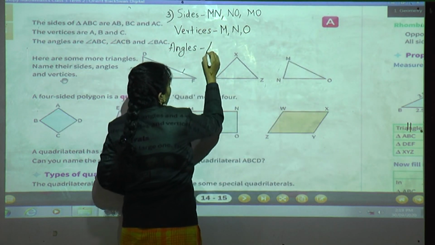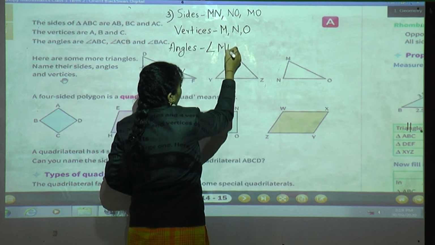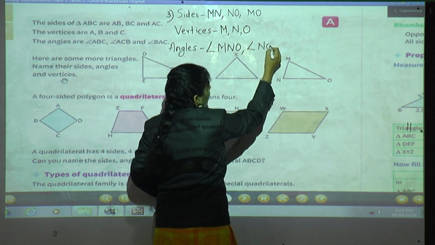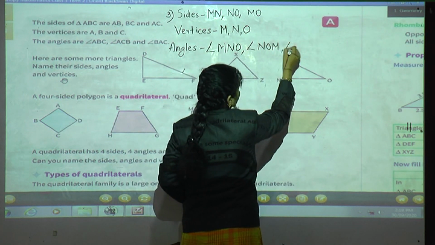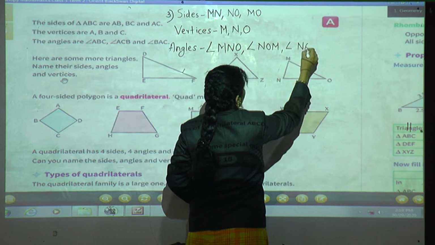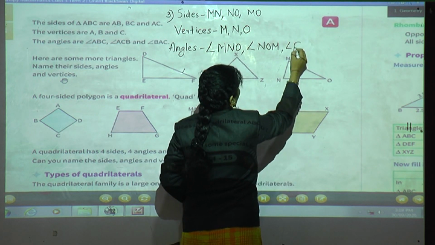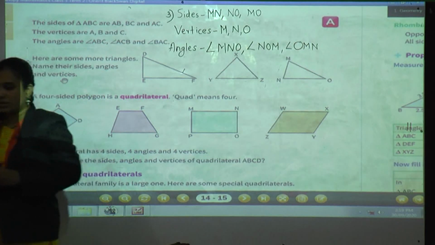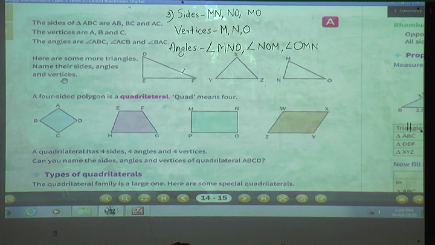Very good. Angle MNO, angle NOM, angle OMN. So students, I think you have understood what are the sides, vertices and angles of a triangle.